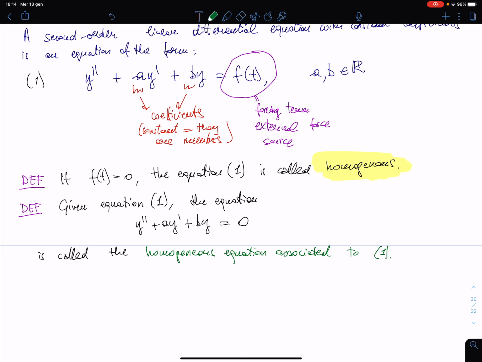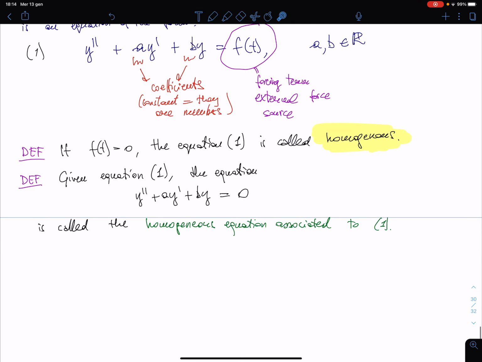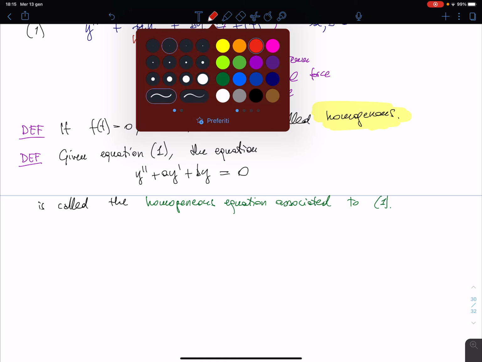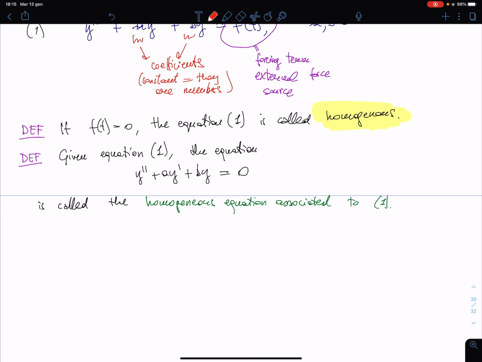This will be very important, because in order to find the solutions to the equation 1, the non-homogeneous equation, it will be extremely useful to pass through the solutions of this. Okay, so let us go with theorem 1. We are talking about solutions.